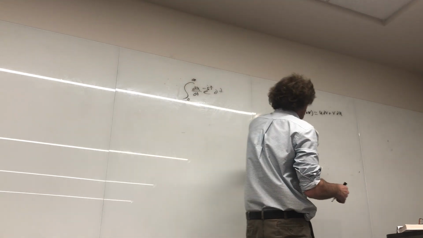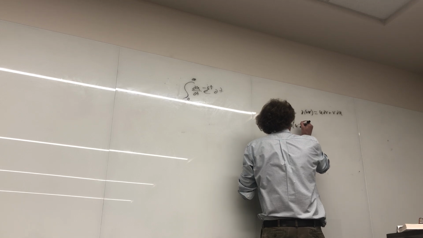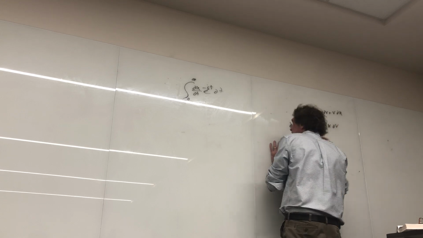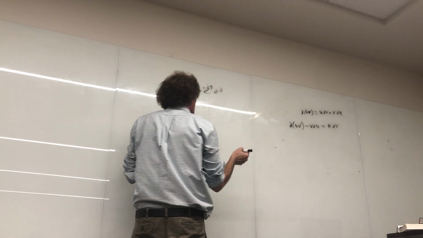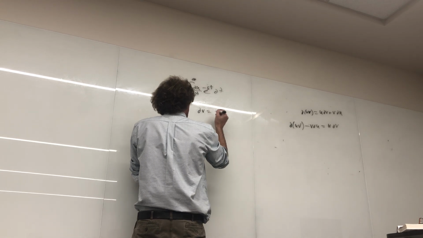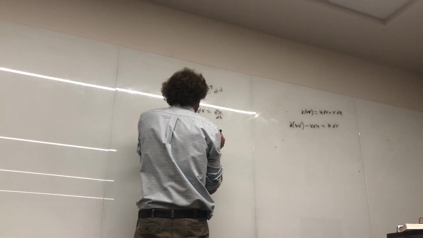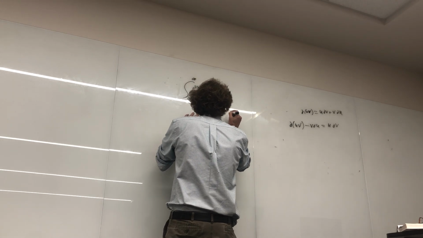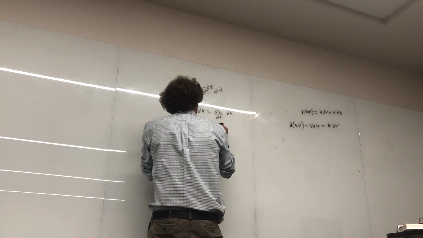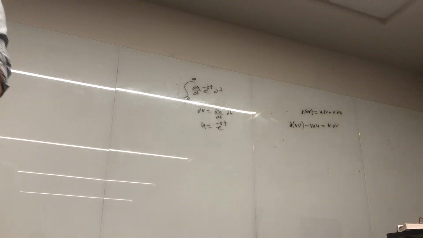Well, if you say you've got u dv and you want to know what it equals to, it would be equal to the differential of uv minus v du. That would be u dv. Now we come over here and we say that dv is really equal to dx dt, and that's going to be my dv, dx dt, I guess dt, and then u is equal to e to the minus st. All right, you remember doing this integration by parts.